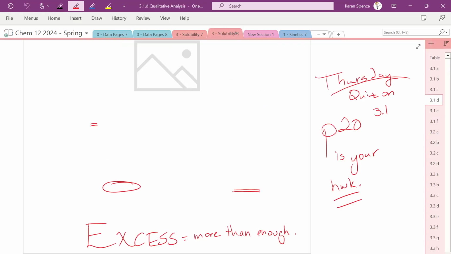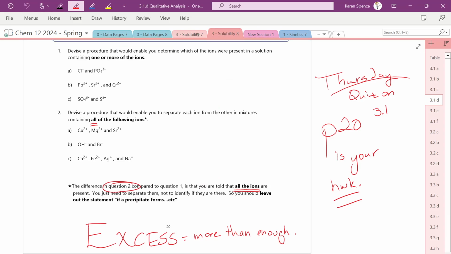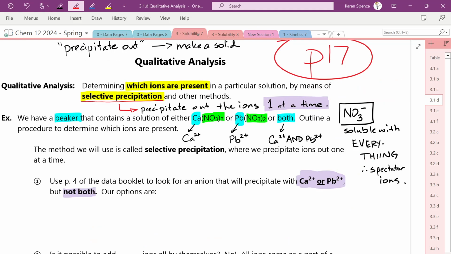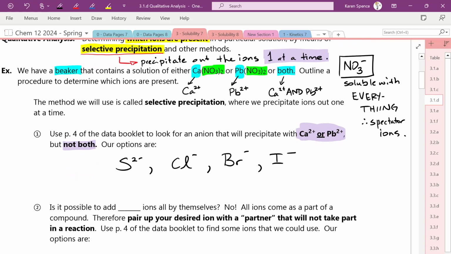Okay, so let's go back here. And so we could use either sulfide or chloride, or there's a couple others listed with chloride. There's bromide and iodide. Do you guys have a preference? Chloride.